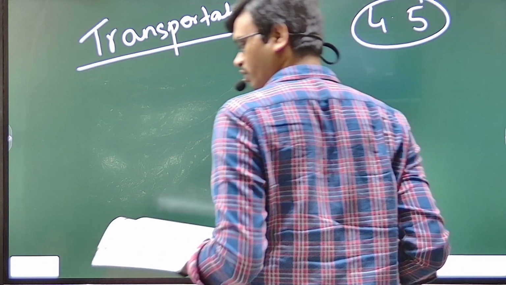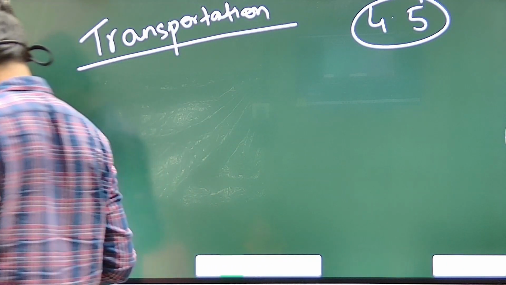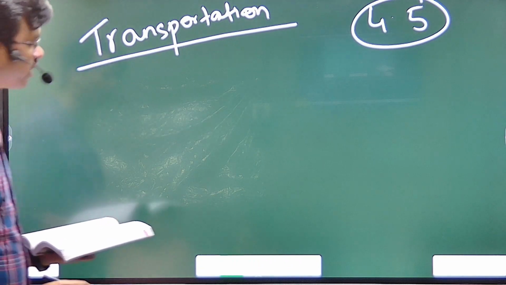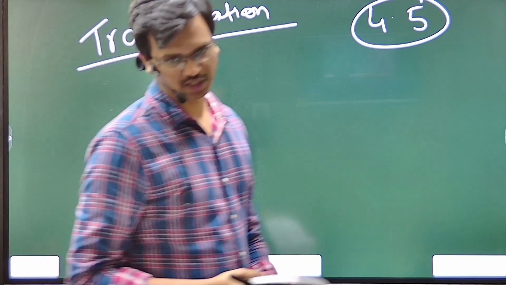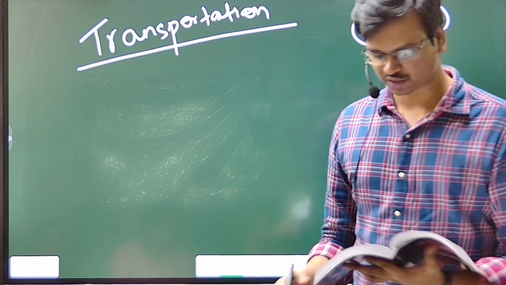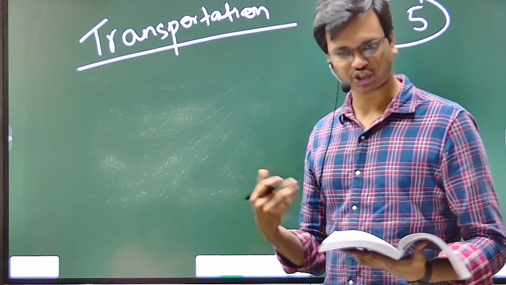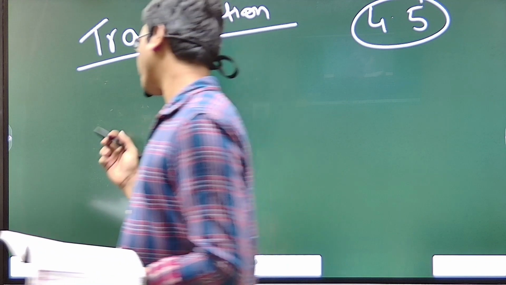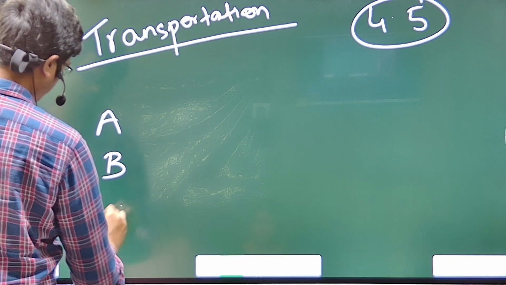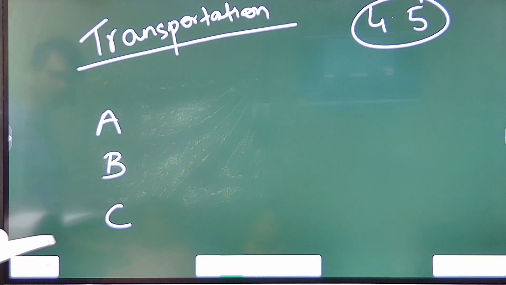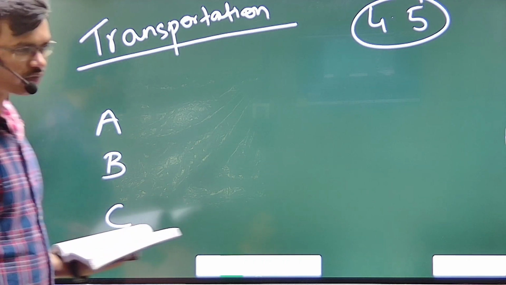4.5 transportation. So what is a transportation problem basically? A transportation problem is nothing but, suppose you have a distribution company. You have warehouses at locations A, B and C. You have goods in your warehouses, and you have delivery locations.